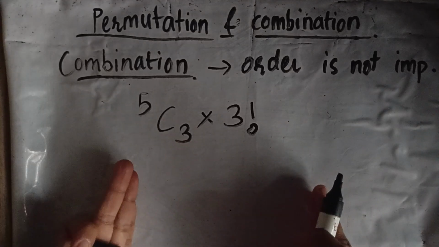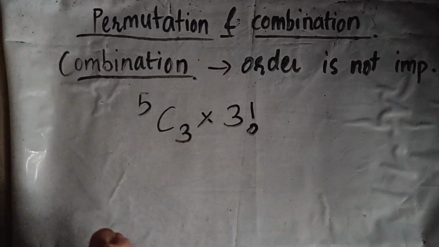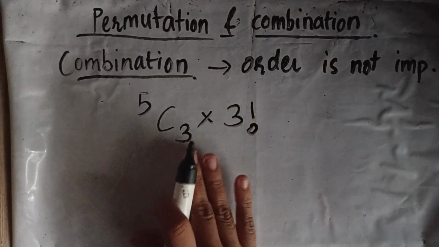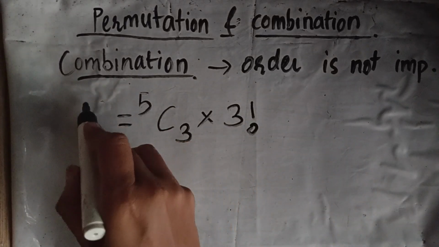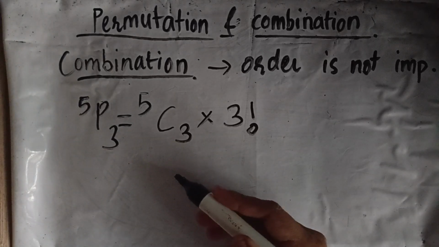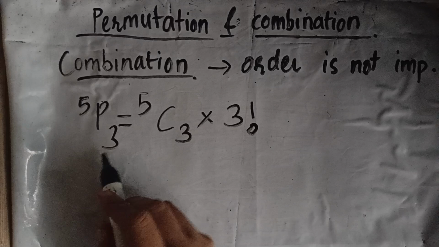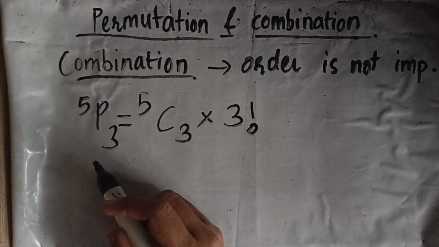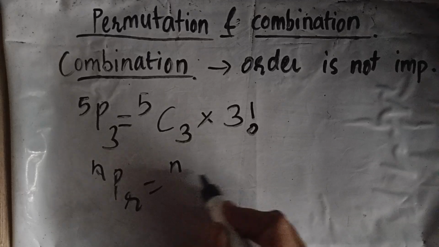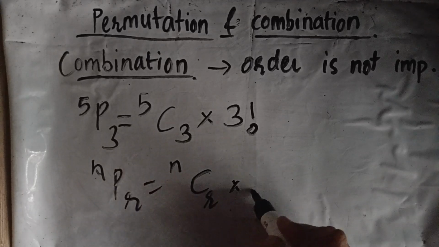First time this arrangement, then second time this arrangement, third time this arrangement, like this. So this is permutation, that is 5P3. So from this we can write the formula, that is nPr is given by nCr into r factorial.